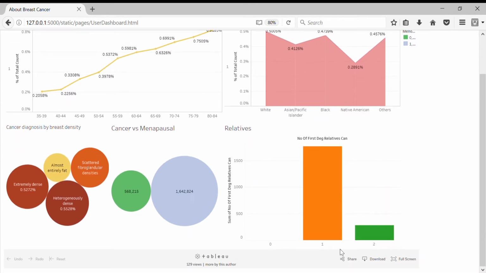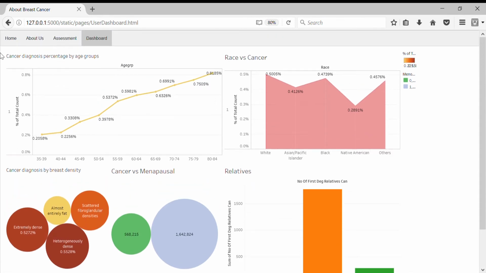And we could see that people who have a history of cancer in their family, especially the number of first degree relatives, if they have cancer, there is a higher probability of getting cancer in this scenario.